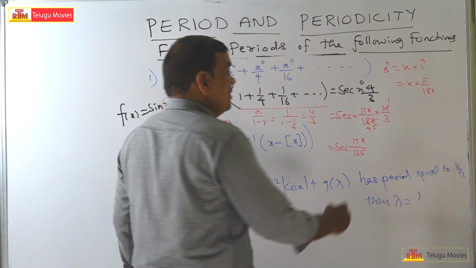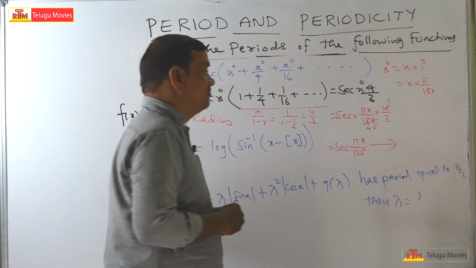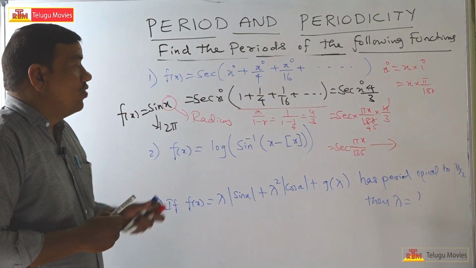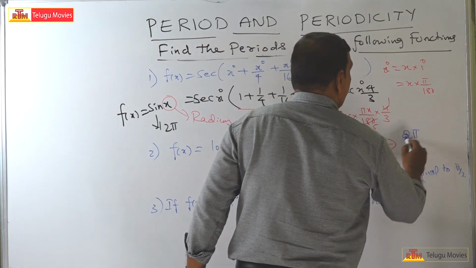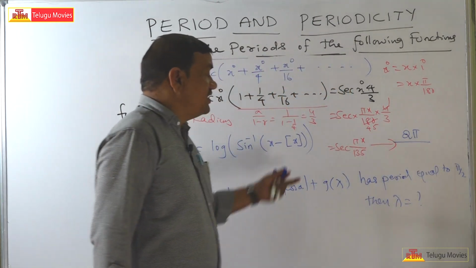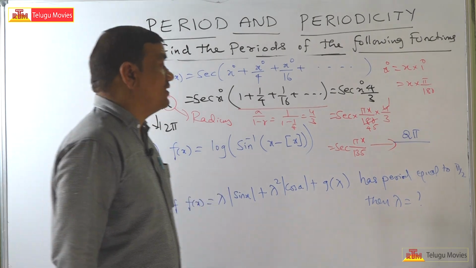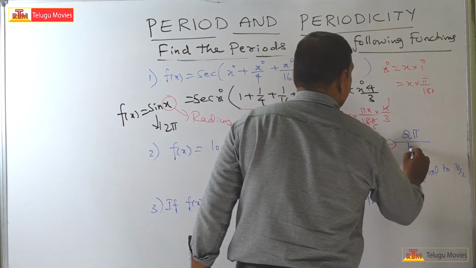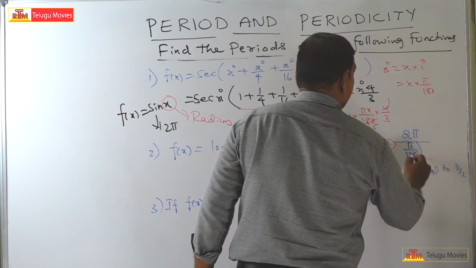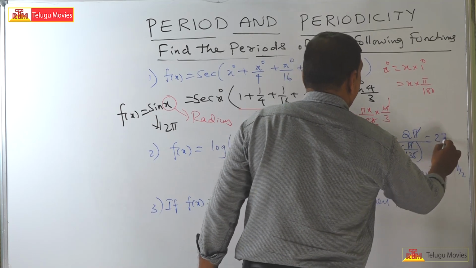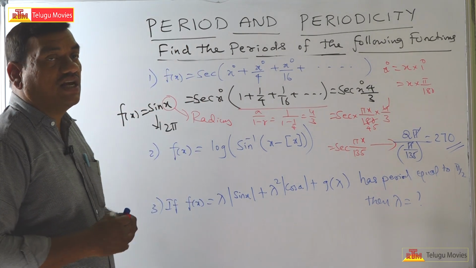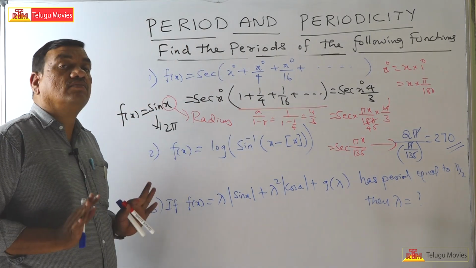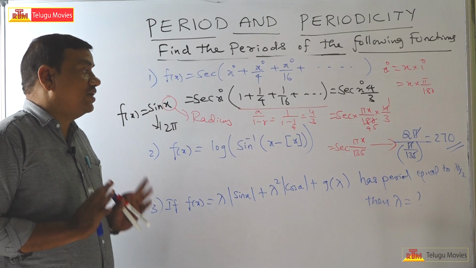Now what is the period of this function? For secant x, the period is 2 pi upon the coefficient of x, which is pi by 135. So pi will cancel and the period is 270. Don't write down degrees or anything. 270 only is the value.